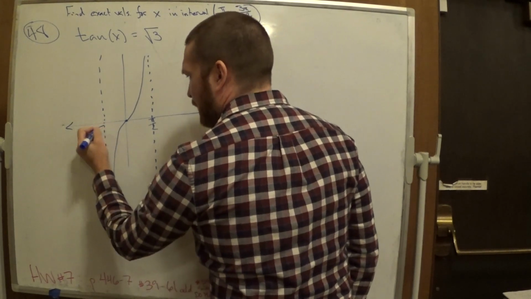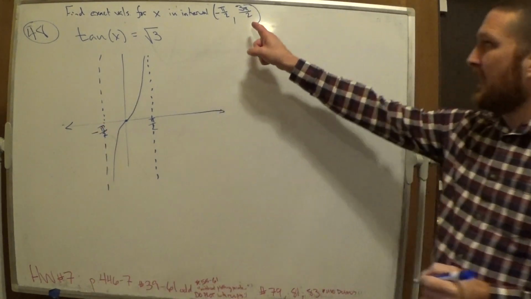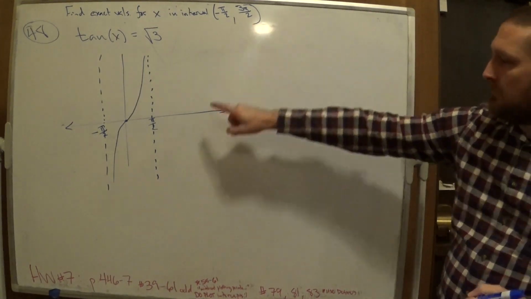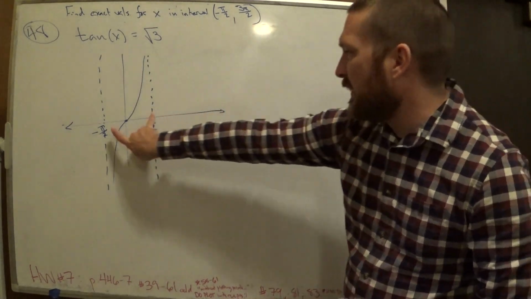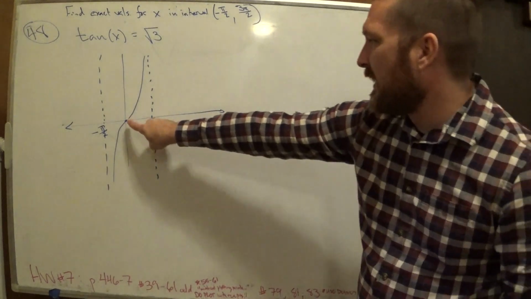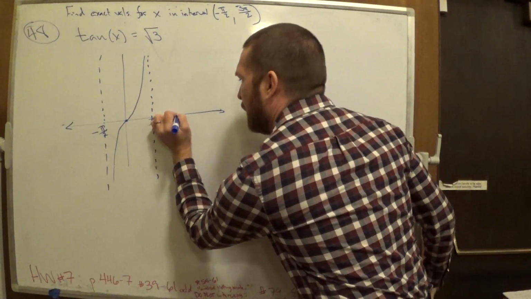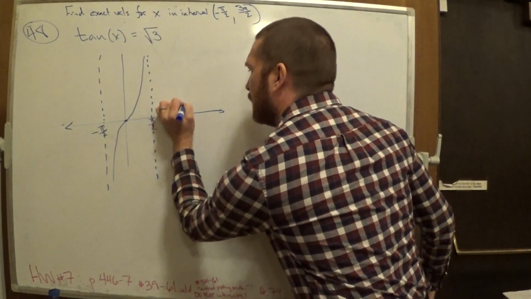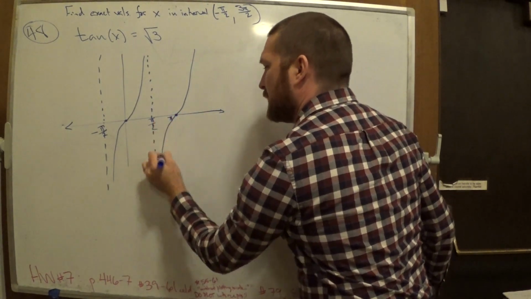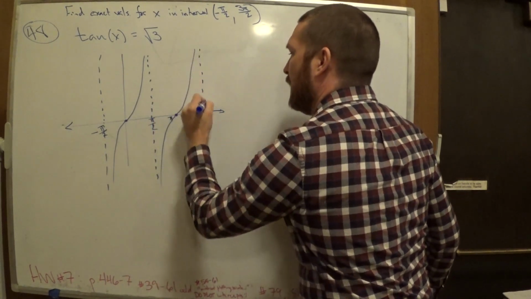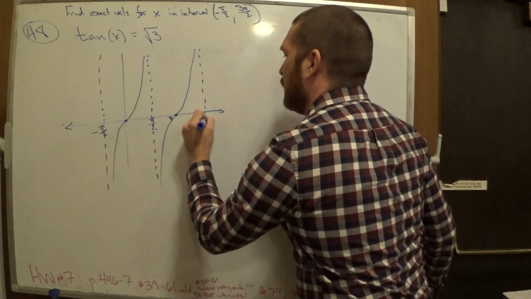Minus pi over 2. I don't have everything yet. I need to go over one more. And so the next bit, if I drag him over, that'll put him at pi. Goes up, comes down, and then here is your 3 pi over 2.